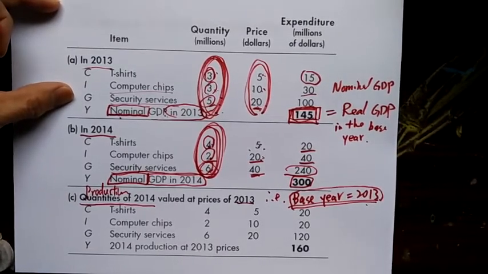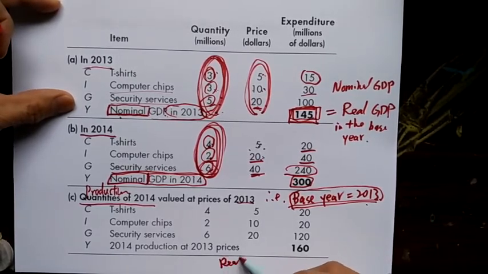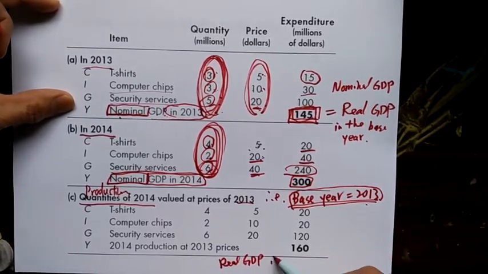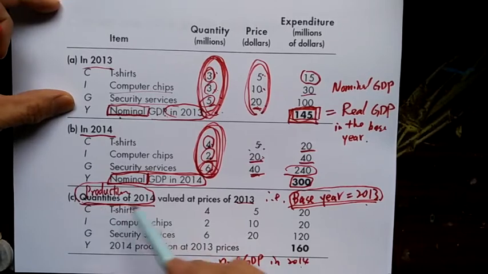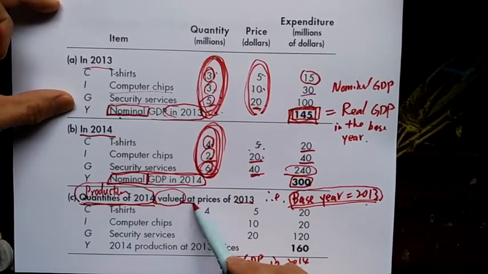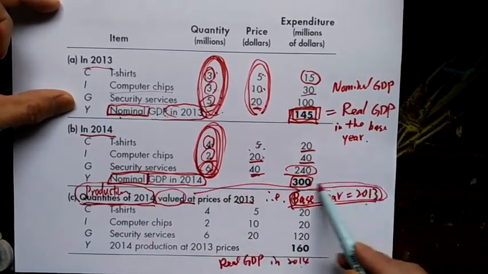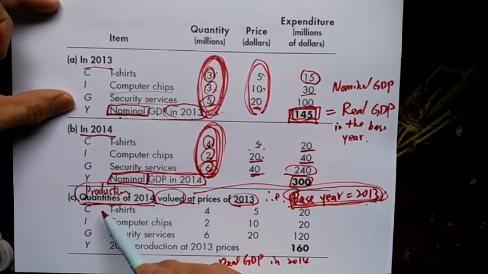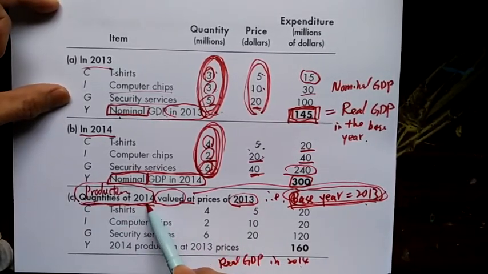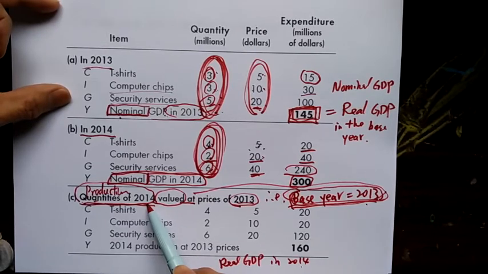Now, how about the real GDP in 2014? It will be the production of 2014 valued at the base year price. What is the base year? 2013.